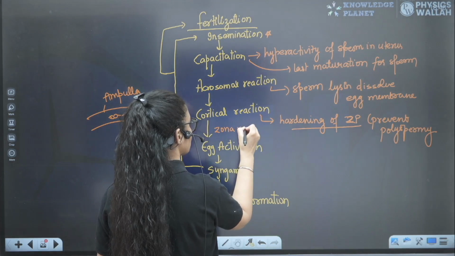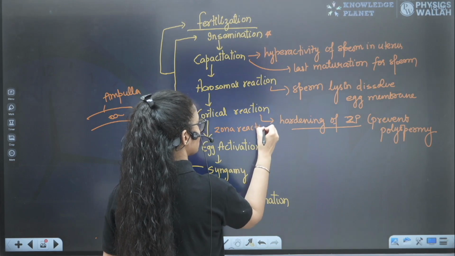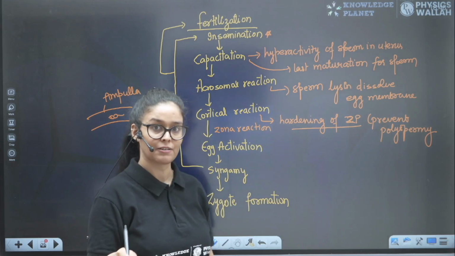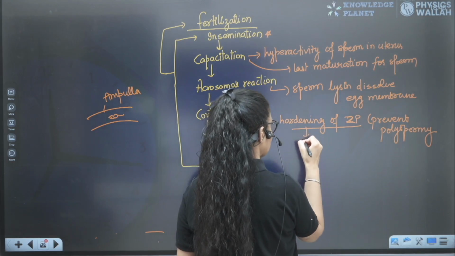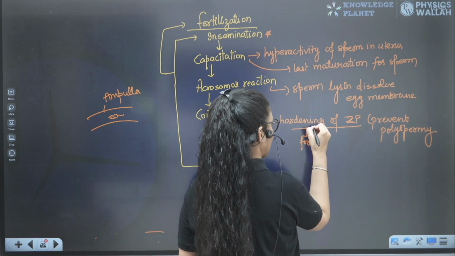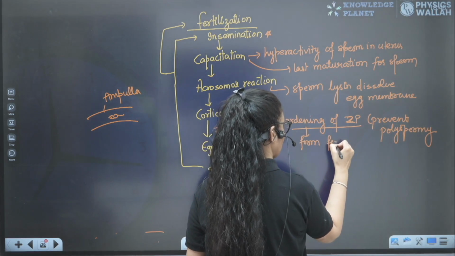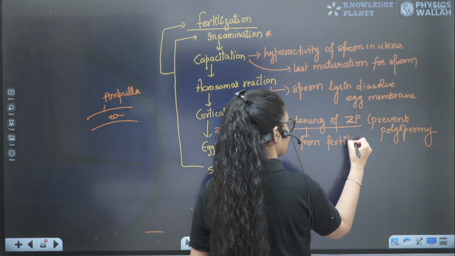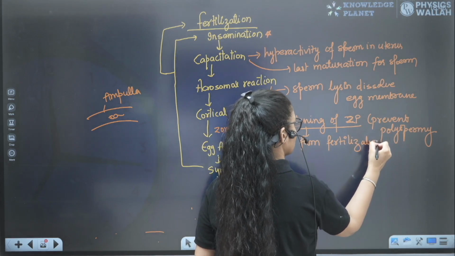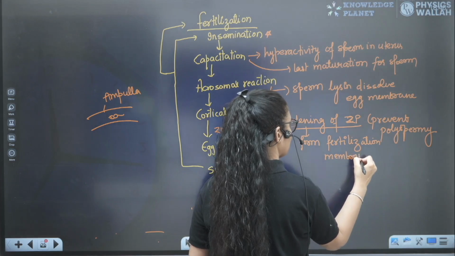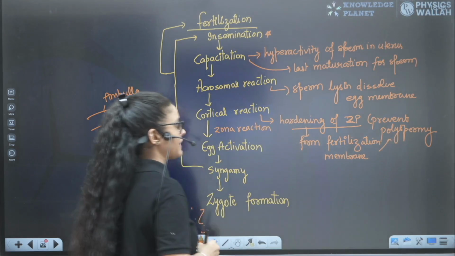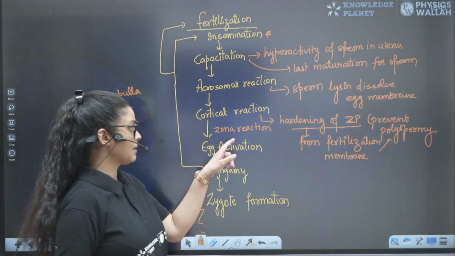Hardening of the zona pellucida will happen and it forms the fertilization membrane around it, to prevent polyspermy. Many sperm cannot enter the egg now, so it will be blocked.